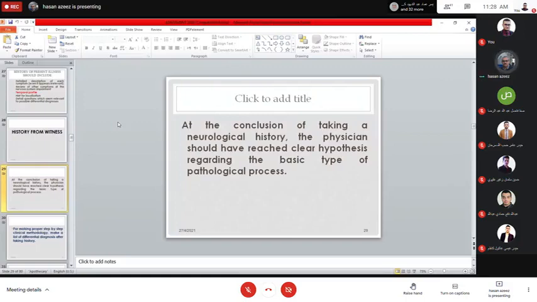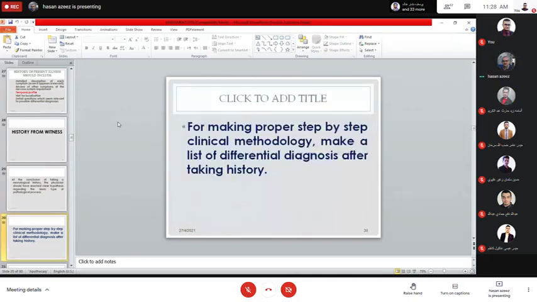At the conclusion of taking neurological history, the physician should have reached a clear hypothesis regarding the basic type of pathological process. For proper step-by-step clinical methodology, make a list of differential diagnoses after history. Maybe you will ask yourselves, or ask me, why we make a list of differential diagnoses if the workup will depend on differential diagnosis after doing examination.